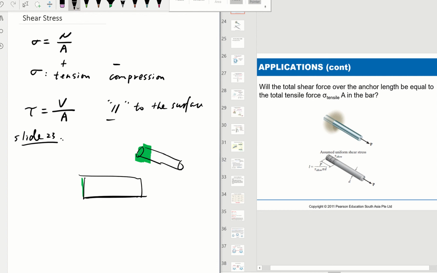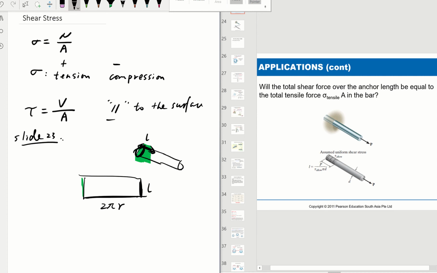When you unroll it, that's basically the circumference of this circle, so that would be 2 pi r. And what's going to be the length here? That's how much has been embedded into the wall. We'll call this L, the length embedded into the wall.